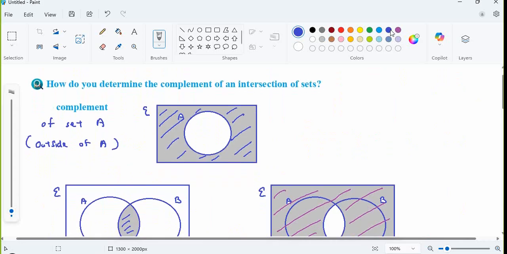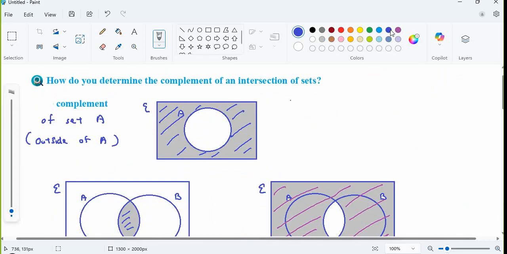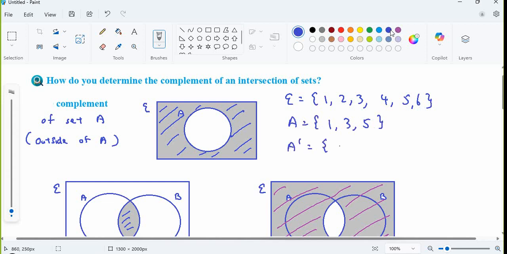Actually, for the complement, let's say the universal set is 1, 2, 3, 4, 5, 6, and we have set A as 1, 3, 5. Then the complement of A will be 2, 4, 6.